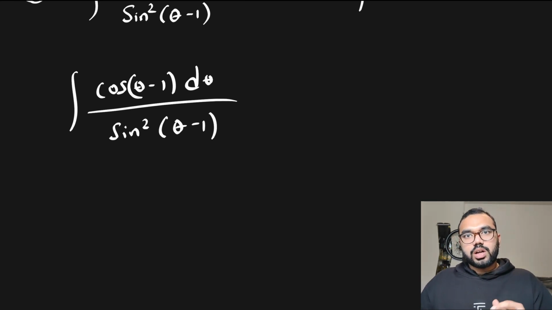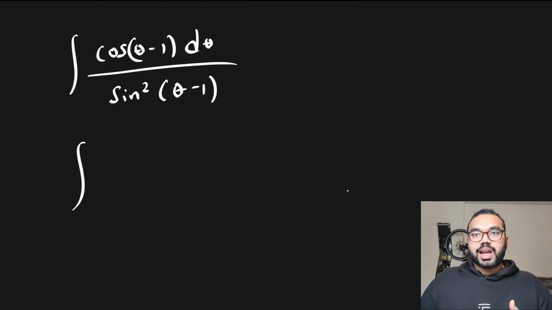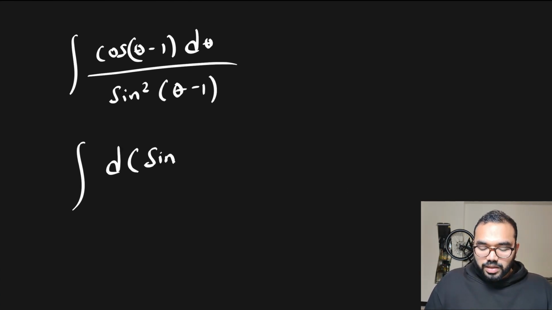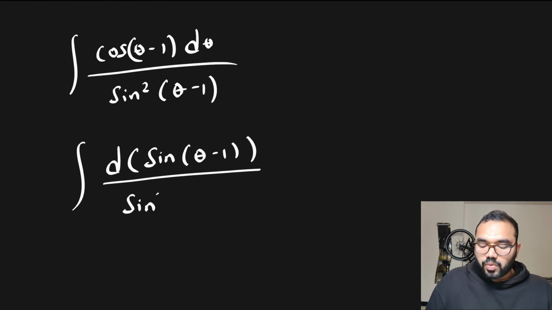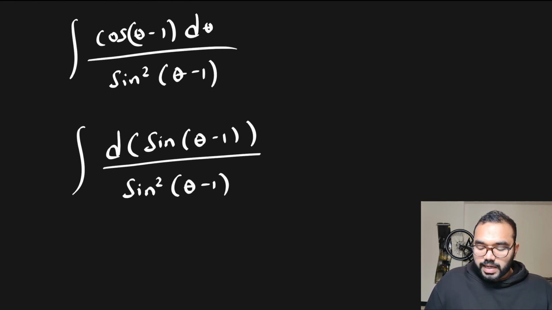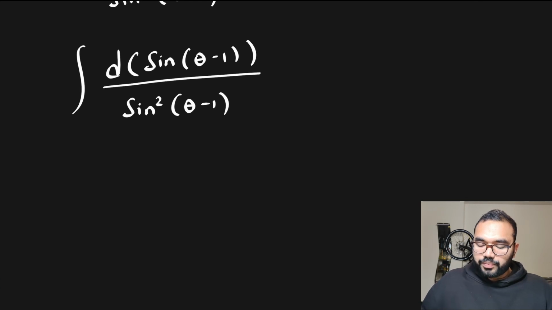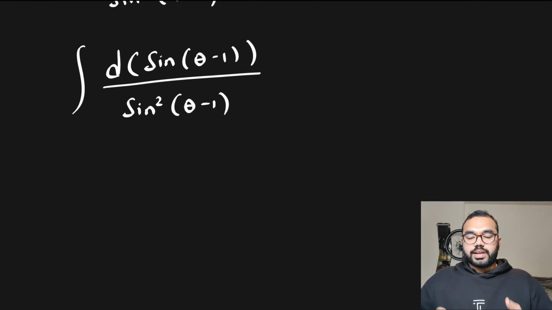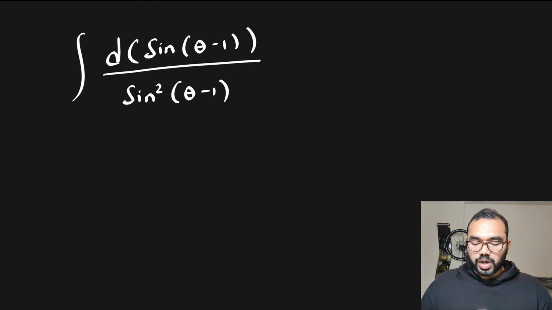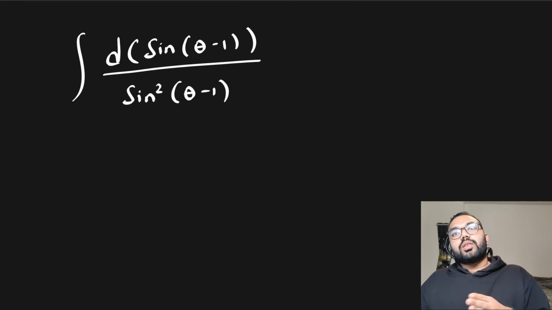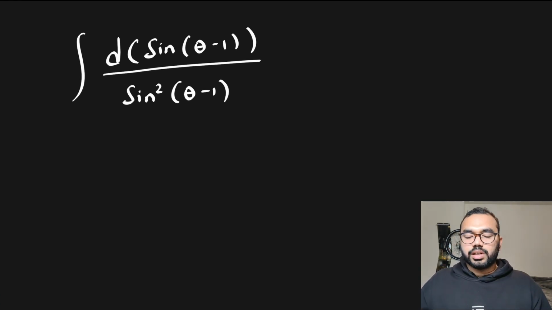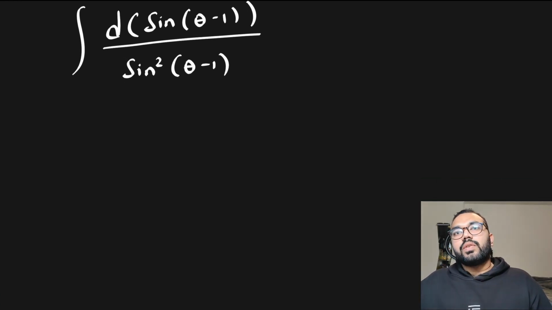So instead of writing cos of theta minus 1 d theta, I'm gonna write it as integral d of sine of theta minus 1 divided by sine square theta minus 1. So what I just did is rewrite the cos of theta minus 1 as derivative of sine of theta minus 1. Okay, now it is derivative. Now we are integrating the integrand with respect to sine of theta minus 1. Basically I changed the differential from d theta to d of sine of theta minus 1.